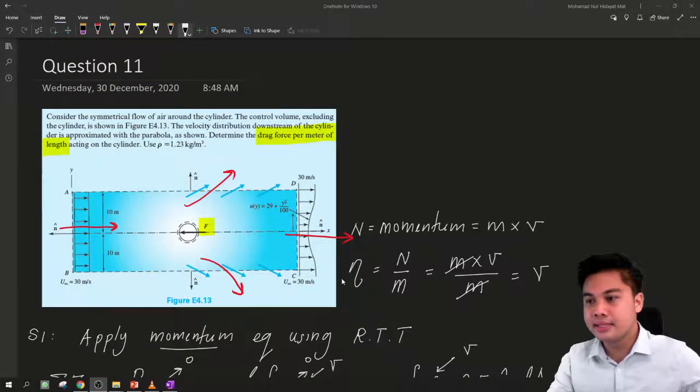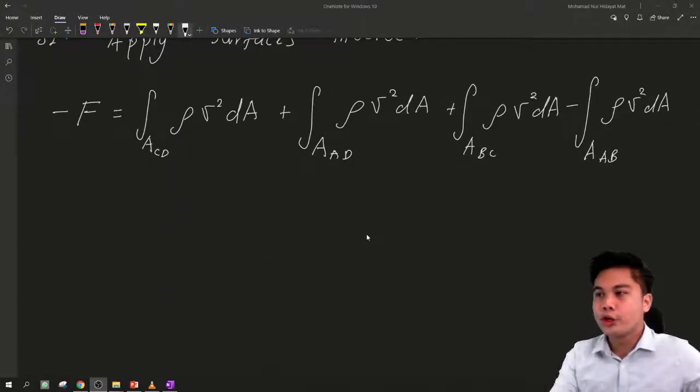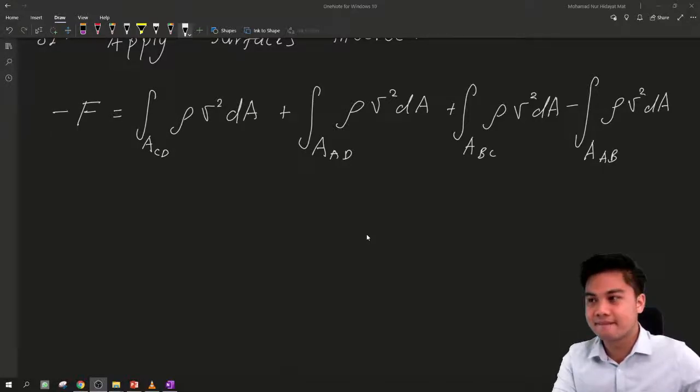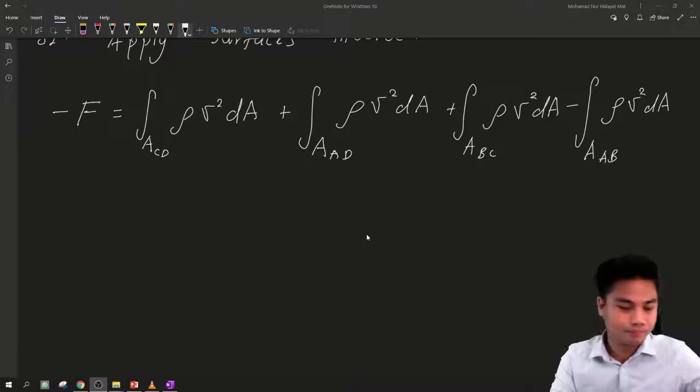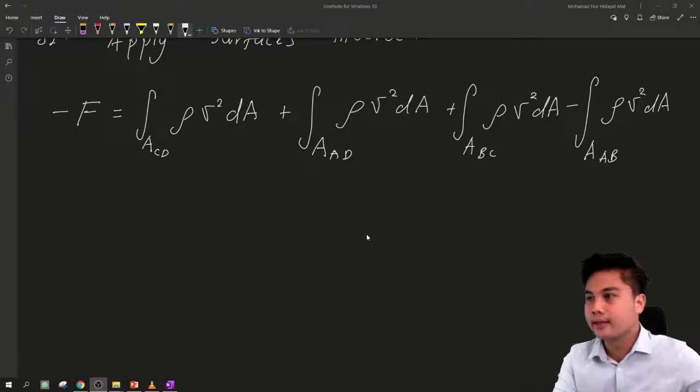We notice that the velocity is constant, 30 meters per second, and the density of air and the surface area.